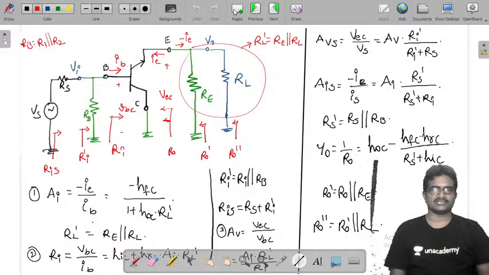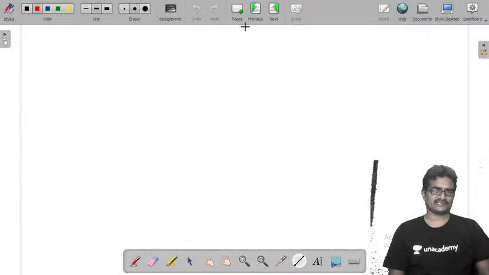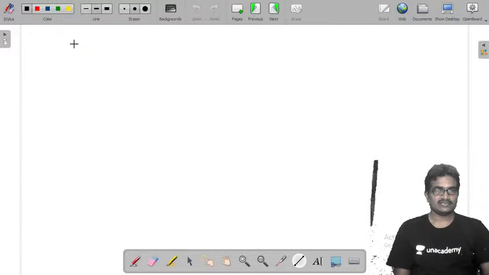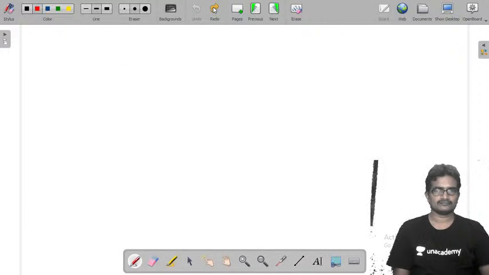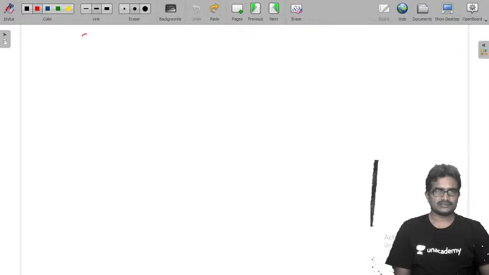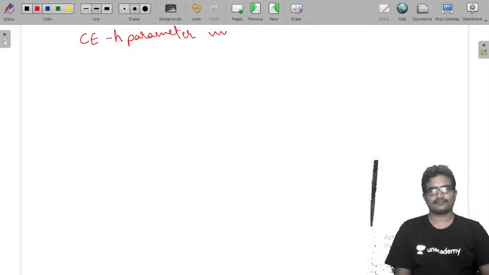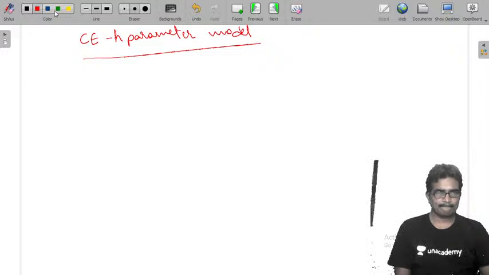So whatever analysis we use, that is called exact model analysis. Okay, so this is the CE H parameter model. First I am writing the CE H parameter model, CE common emitter H parameter model. So it is like this.